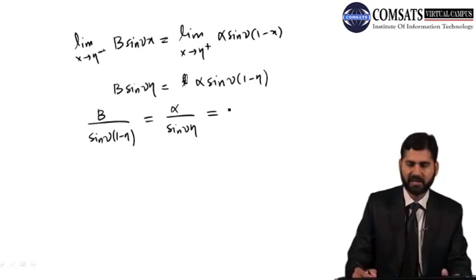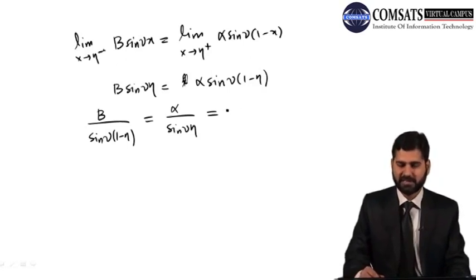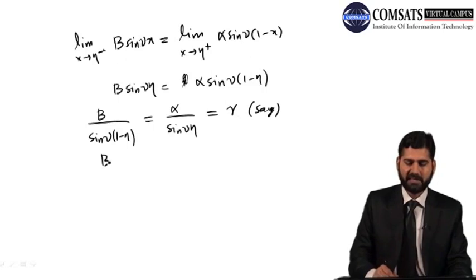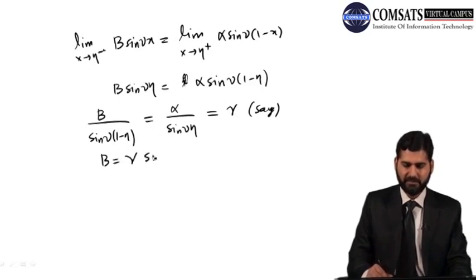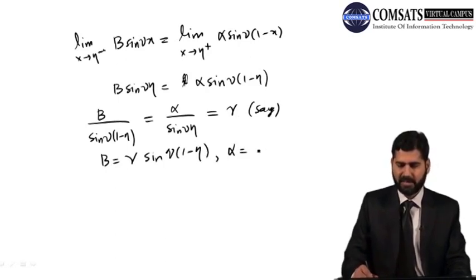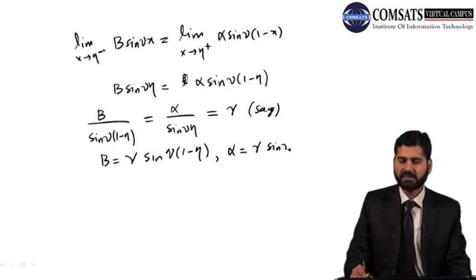In my notes it is gamma, so let's call it gamma, because you will be seeing the notes as well. Then b is gamma sine nu (1 minus eta) and alpha is gamma sine nu eta.